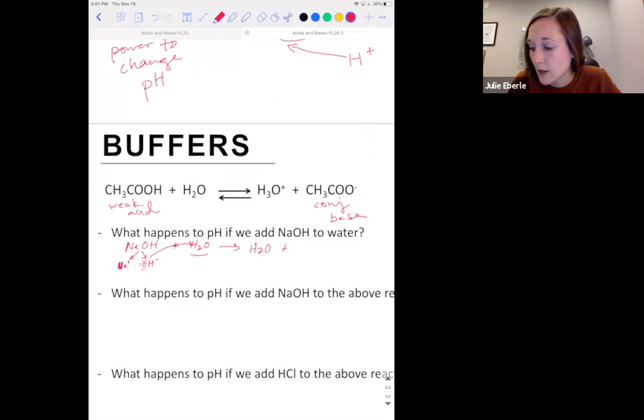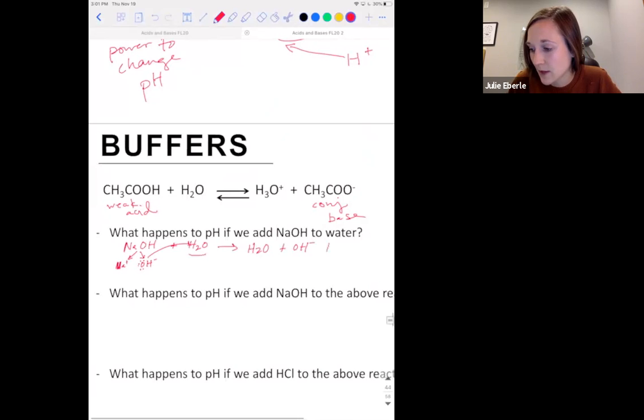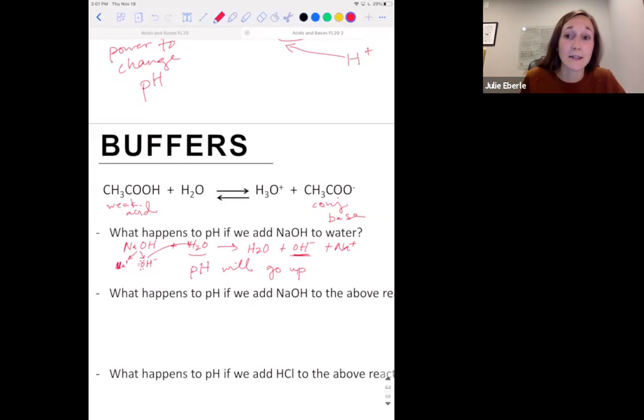What's left over from water is going to be OH minus, and then we'll still have the sodium ion floating around. And this guy right here is what can change pH. We'll create hydroxide, and pH will go up because there's nothing in water that can neutralize OH minus. Or when it does, it creates more OH minus.